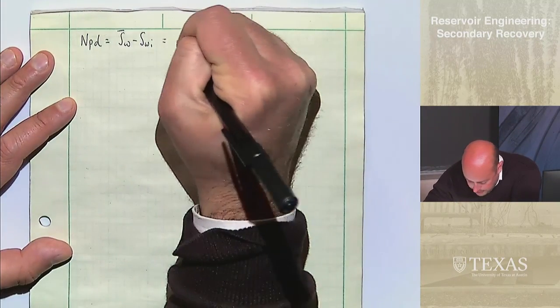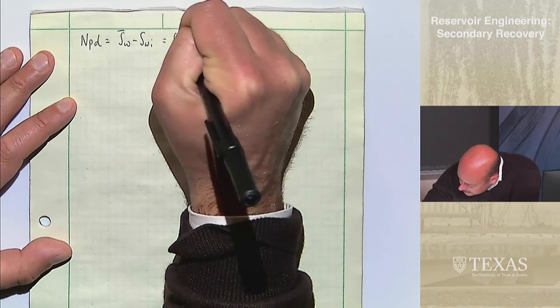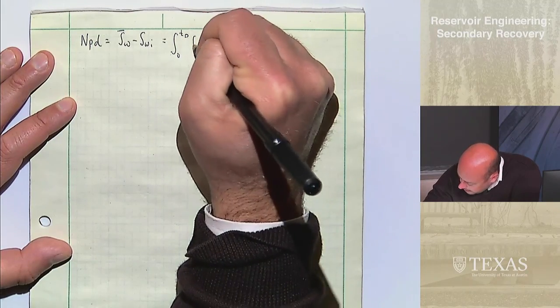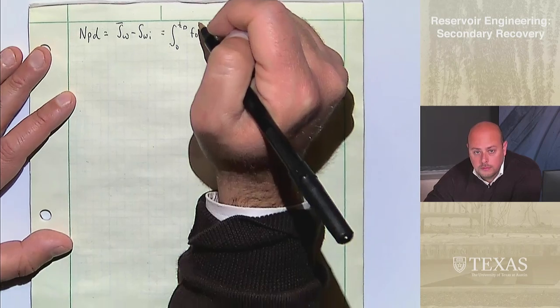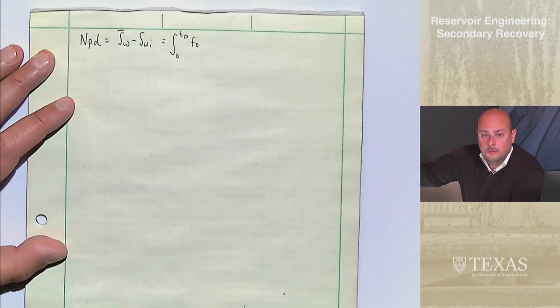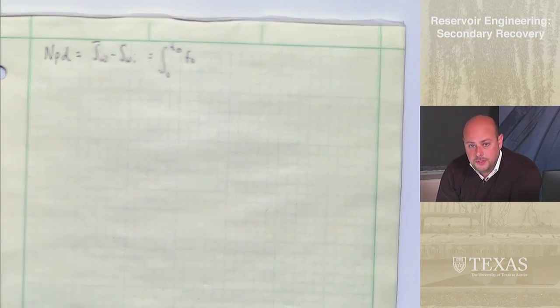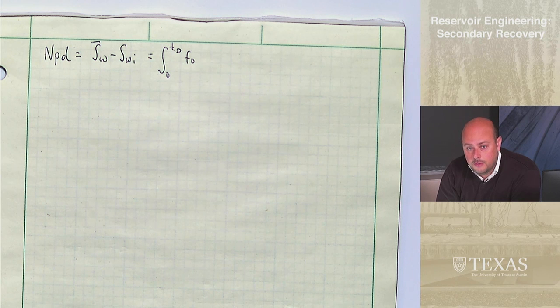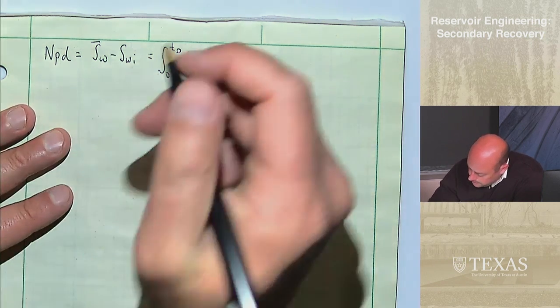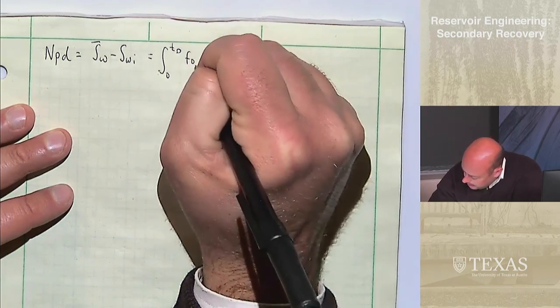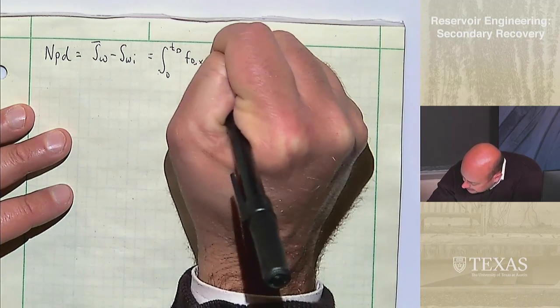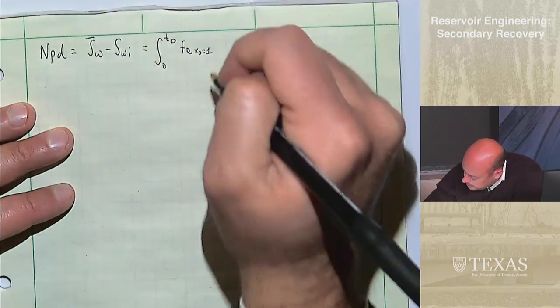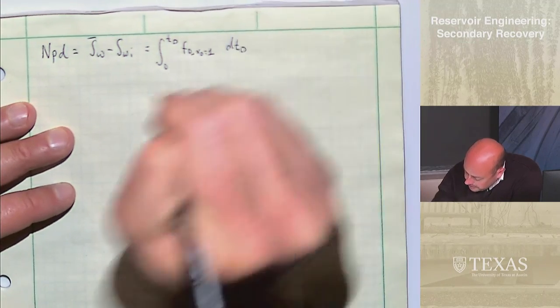But it's also now equal to the integral from 0 to TD of the fractional flow of oil. It's a number between, well, it doesn't have to be between 0 and 1. It could be less than 0 or greater than 1 because of gravity. But in the absence of gravity, it's between 0 and 1. And it's again at a location xd is equal to 1. So at the producer well, and we're going to integrate it over dTd.